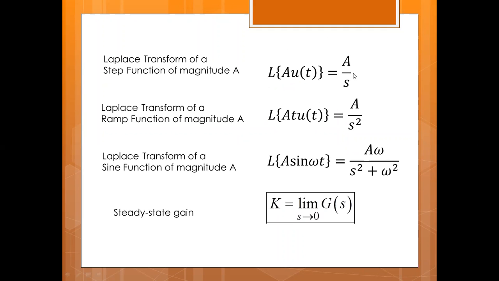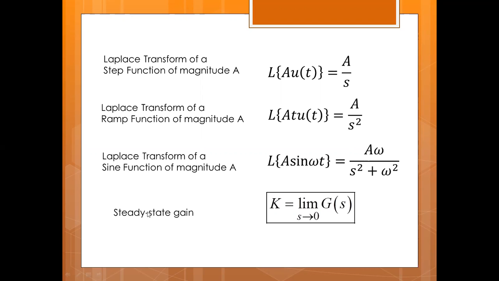You know this already. The Laplace transform of a ramp function. The Laplace transform of a sine function of magnitude a. So this is the magnitude of your sine function. So you have A omega over S squared plus omega squared.